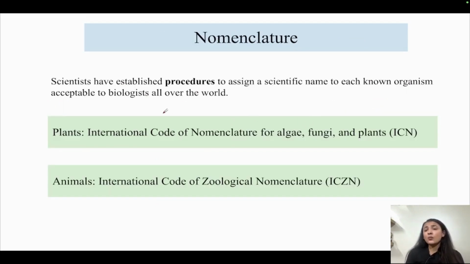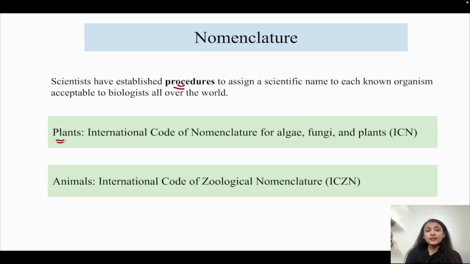So what are the rules of nomenclature? Scientists have established procedures to assign a scientific name to each known organism. Certain procedures have been devised by scientists so that each organism is assigned a scientific name that is acceptable to biologists all over the world.